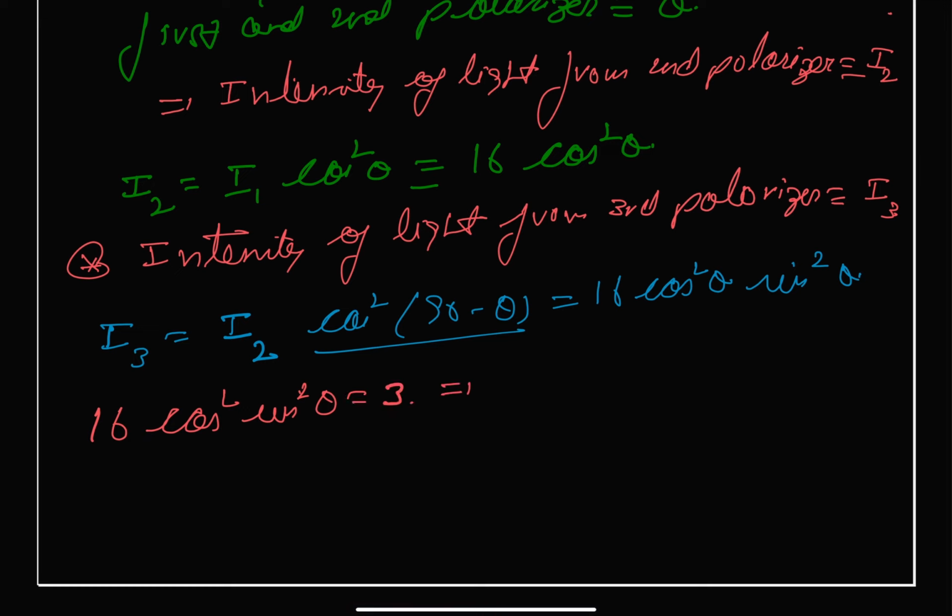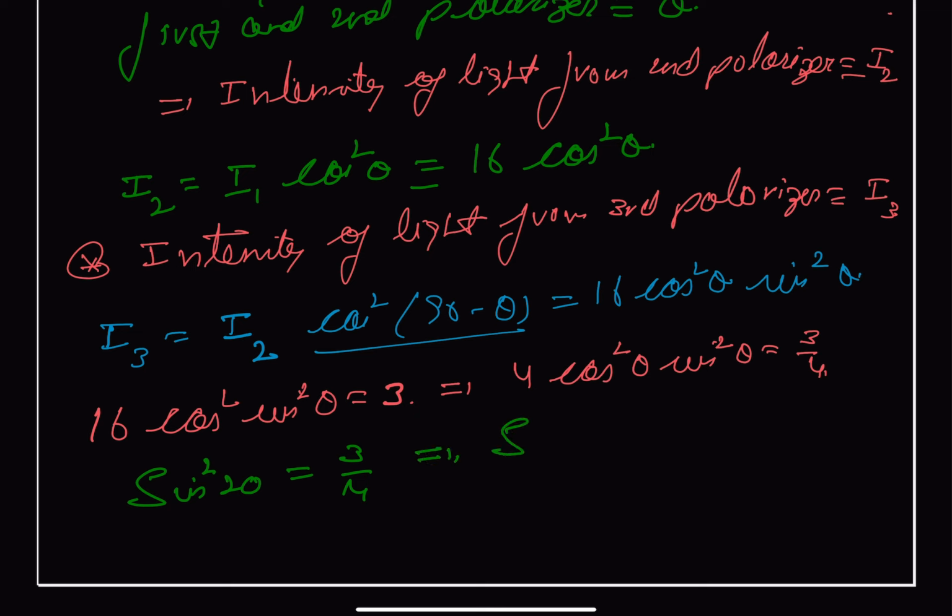It can be written as 4 cos square theta sin square theta is equal to 3 by 4, which gives us that sin square 2 theta is equal to 3 by 4, and this gives us that sin of 2 theta is equal to root 3 by 2.